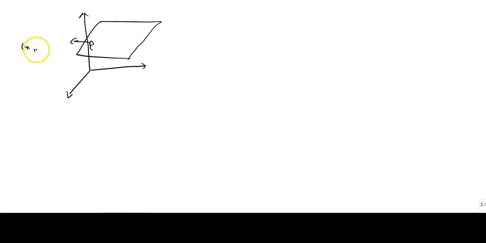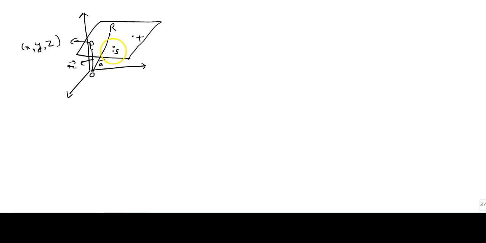Then there are 3 other points, say R, S, and T. If I join the origin O to R, this is going to be my A vector.